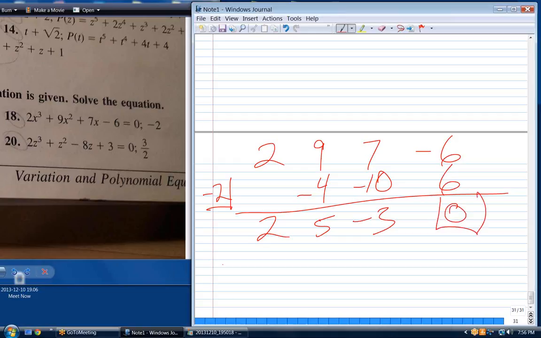So my remaining quadratic is x plus 2, and then 2x squared plus 5x minus 3. Okay, now factor that.